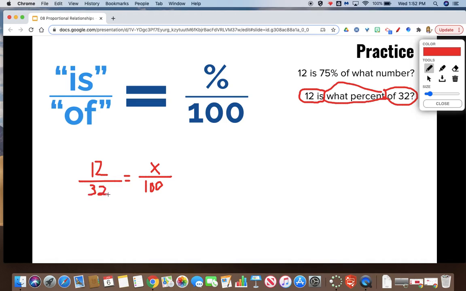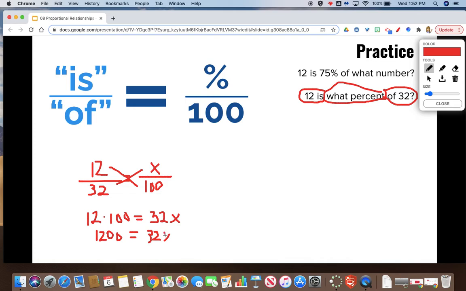We still solve using cross products. Look for the diagonal that has a number on either side, 12 times 100, equals my other diagonal multiplied together, 32 times x, which is the same thing as 32x. I multiply 12 times 100 to get 1200. Set it equal to 32x.